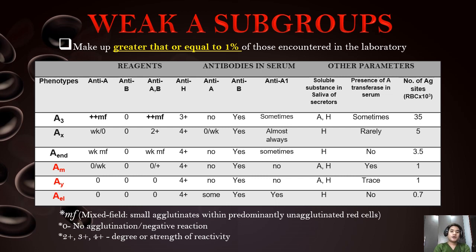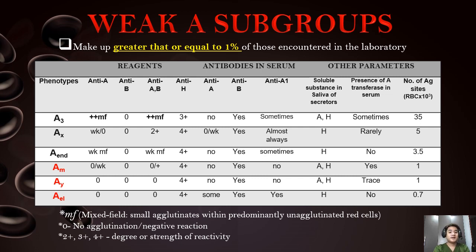For Ay RBCs, they demonstrate negative reactions for anti-A and anti-AB. And your Ay red cells are predominantly the result of a recessive mode of inheritance, for example in siblings. And since it's recessive, it does not represent any expression of an alternate allele at your ABO locus, but a germline mutation of a family member.